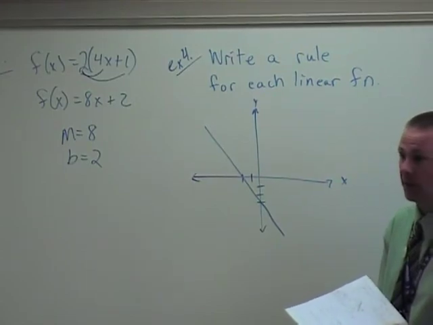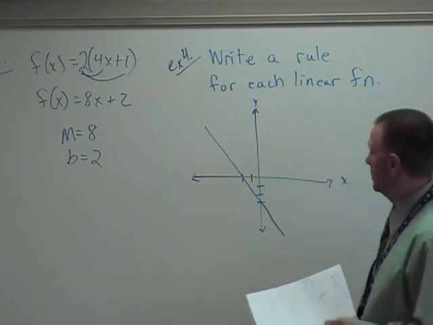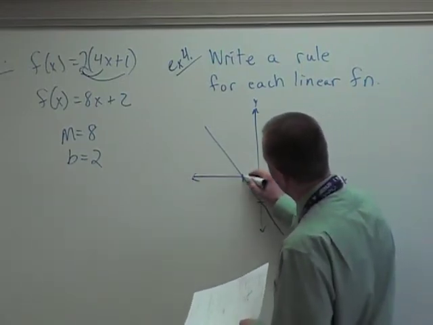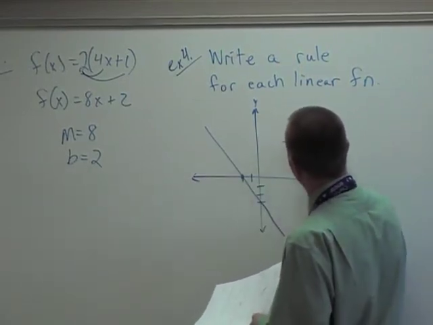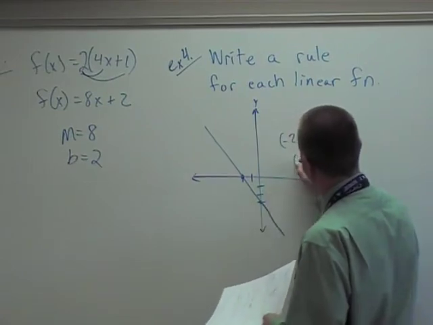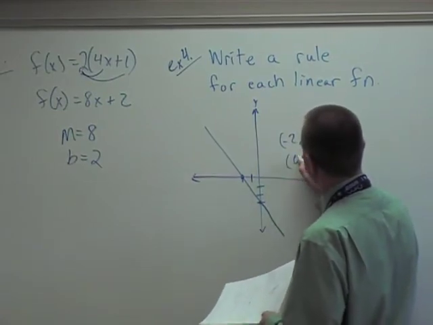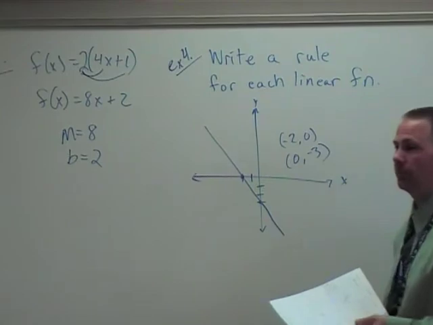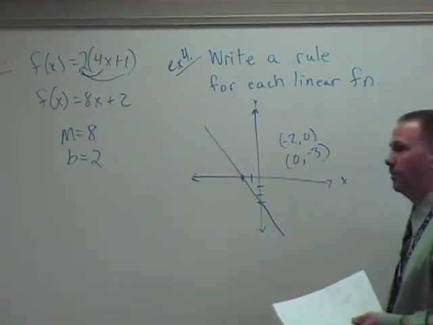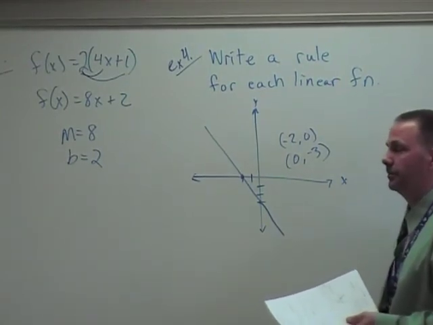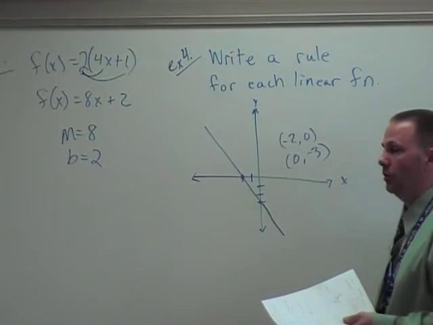Everybody's supposed to have this memorized. Pick 2 points. Let's pick the easy points. How about -2, 0, and 0, -3? That's the first step. What's the second step? You plug them in. Find the slope.